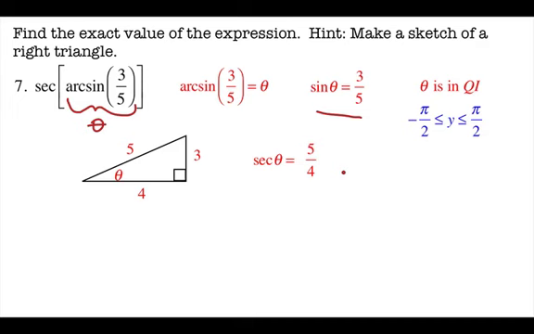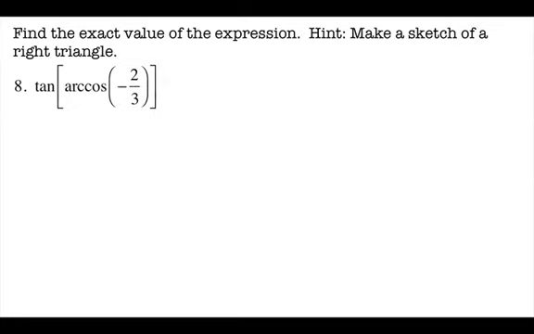Moving on to number 8. This is the last problem. Very similar to number 7, same directions. I'm going to use the same approach as number 7. I know this is representing an angle, so I'm going to let this equal theta. What you learn in geometry or the definition of cosine inverse, I'm able to generate this. From here, I need to identify where the theta lies.